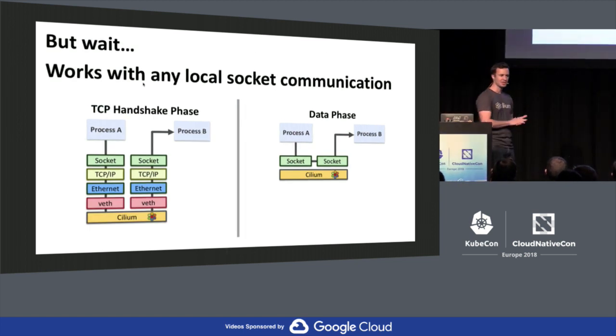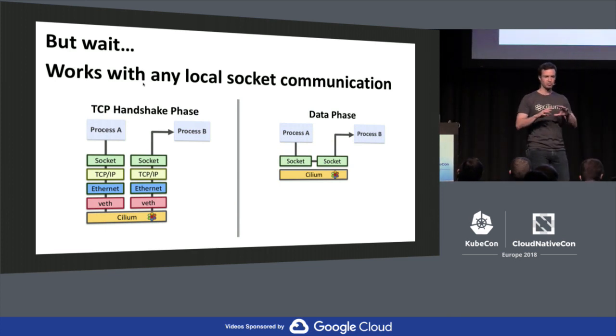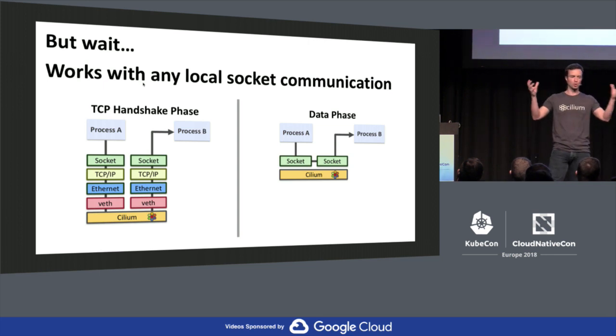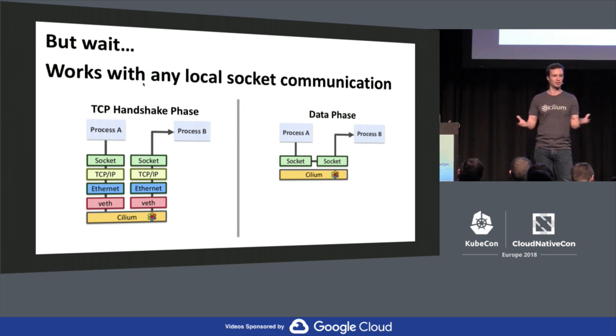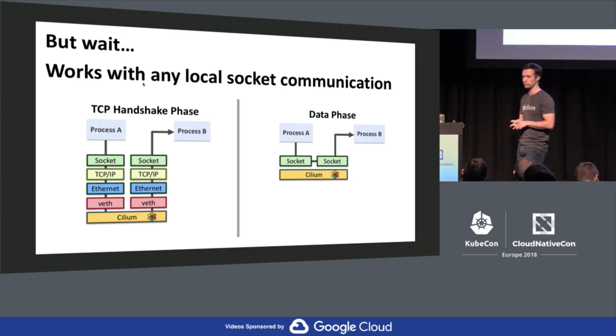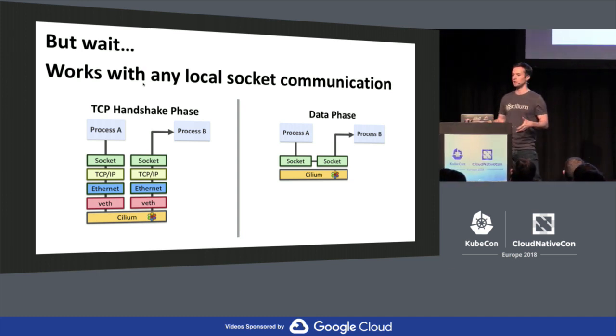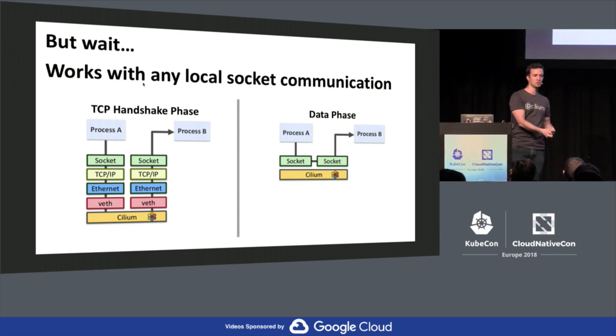But wait, this is actually not sidecar specific at all. This will work across any connection that connects 2 local applications. So it could be 2 containers talking on the same node. The sidecar is a perfect example because in this scenario, you always have 2 containers or 2 applications talking to each other. But it will actually work as well if you have 2 containers talking to each other and you're running Cilium, they will just get this boost automatically.